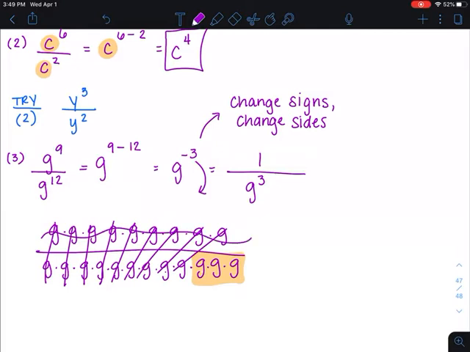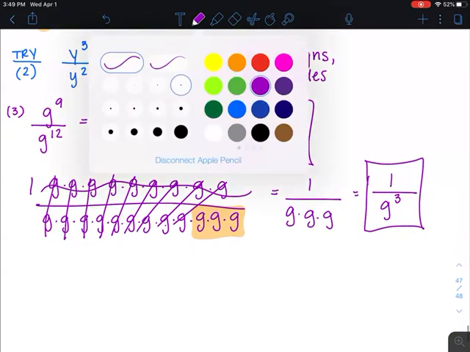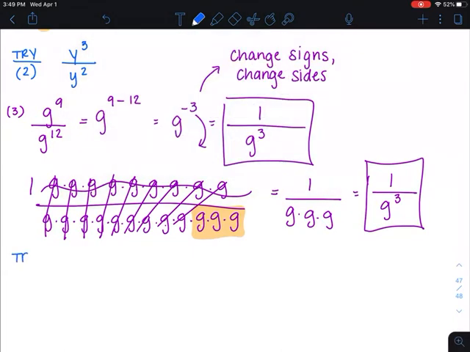Everything on the top is completely wiped out, but you can always multiply all of these g's by 1. That would be the imaginary coefficient. So you would have 1 with 3 g's on the bottom, and g times g times g is the same thing as 1 over g cubed. So either way, you still get the same answer. Okay?